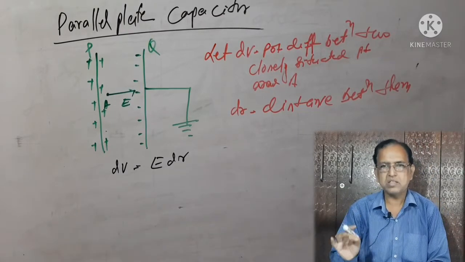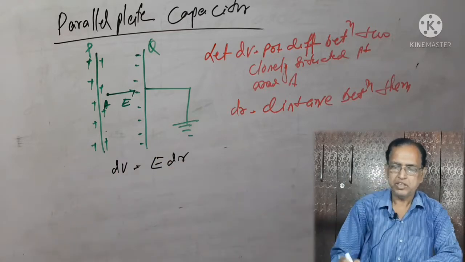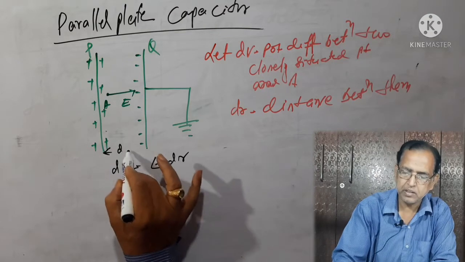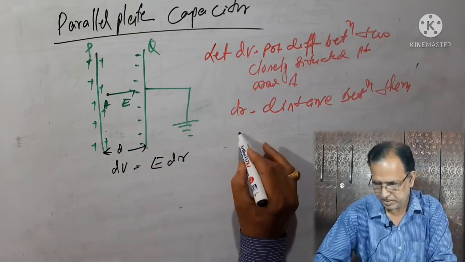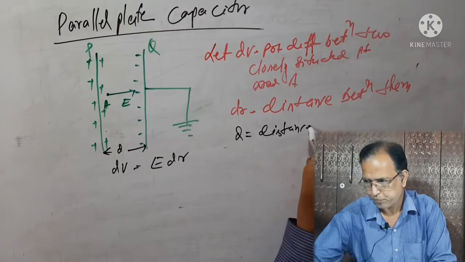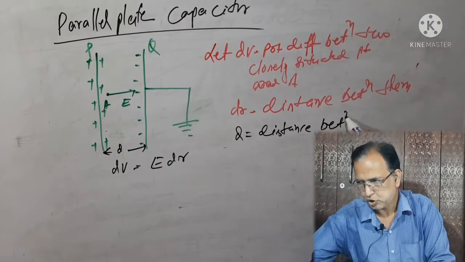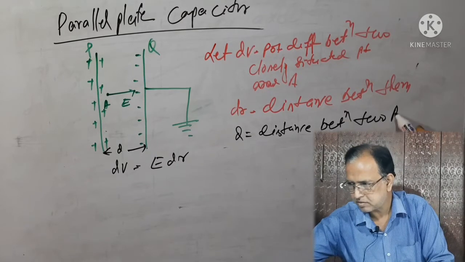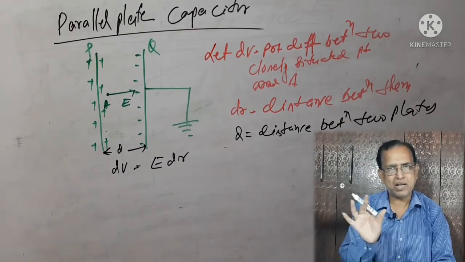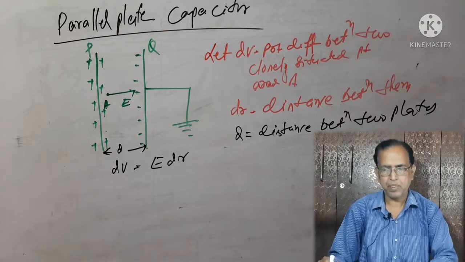So, now what is the net potential difference between P and Q? Here the distance between these two is d. d is equal to the distance between two plates. These two plates are parallel to each other, so it is a parallel plate capacitor.